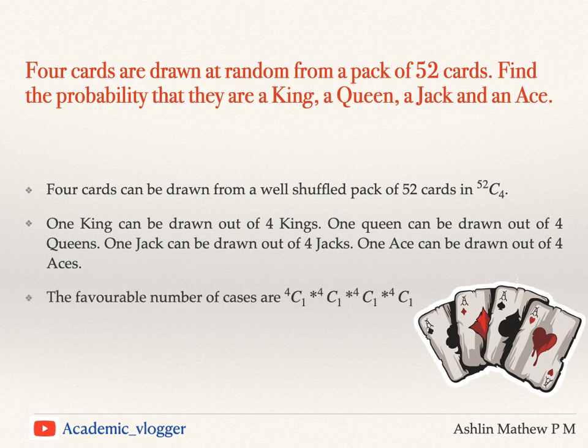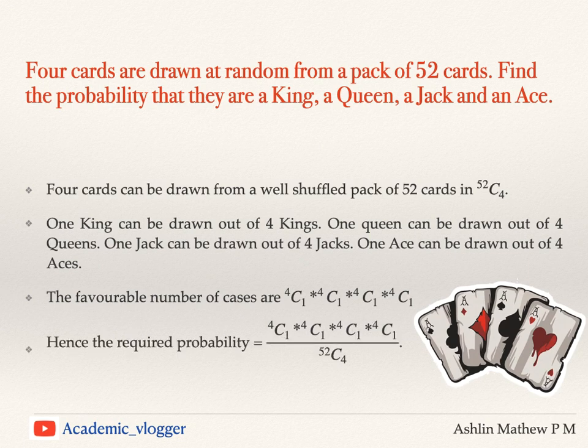So the favorable number of cases is 4C1 into 4C1 into 4C1 into 4C1. Why? Because out of those 4 kings of 4 symbols, I just need 1 king, and out of the 4 queens, I just need 1 queen. Similarly, the jack and ace. So I can take that 1 king in 4C1 ways.